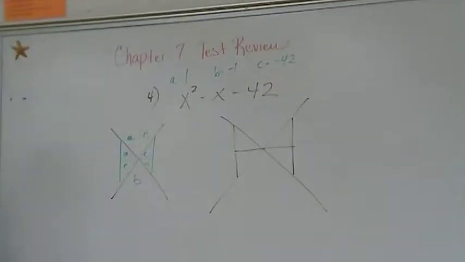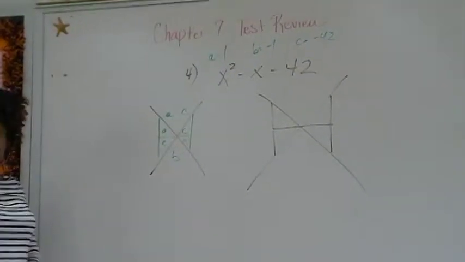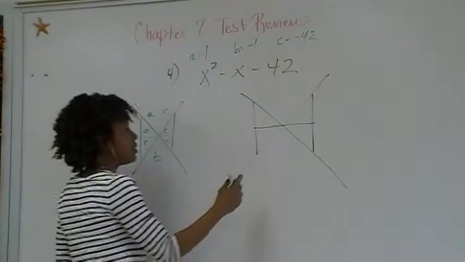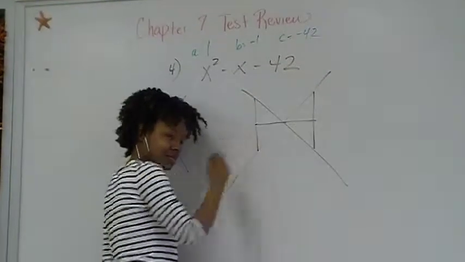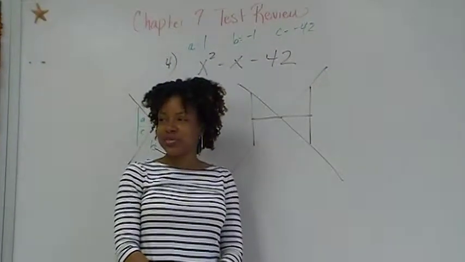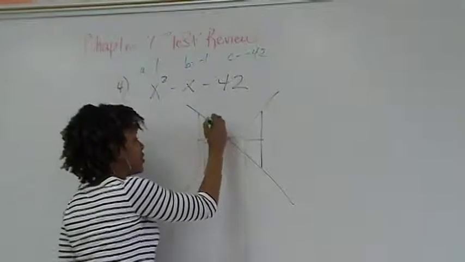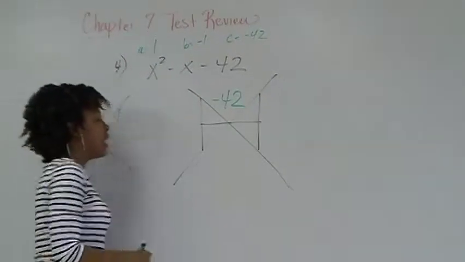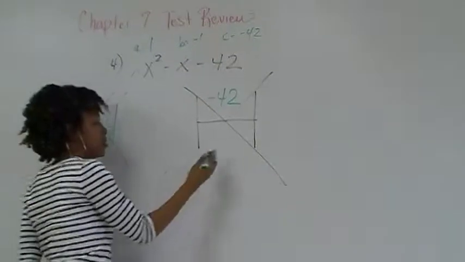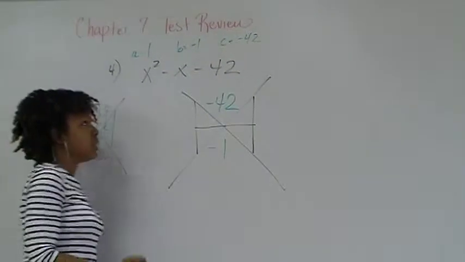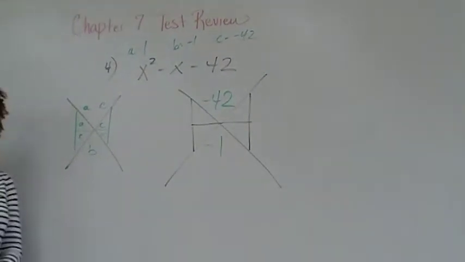So A times C would be 1 times -42, which is -42. And B equals -1, right?